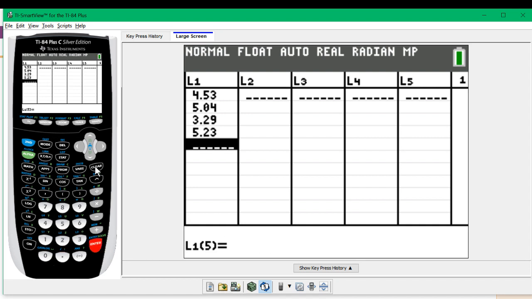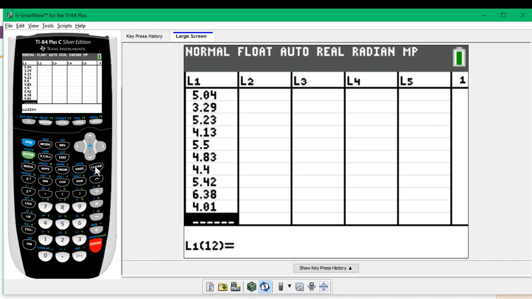It's okay. 4.13. 5.5. 4.83. 4.4. 5.42. 6.38. 4.01. 4.66. 2.87. 5.73. And 5.45. Okay.